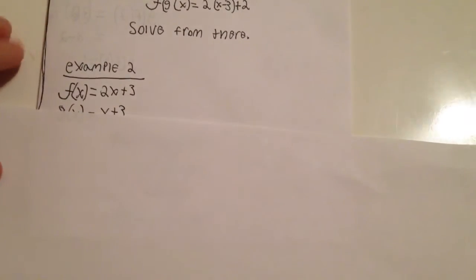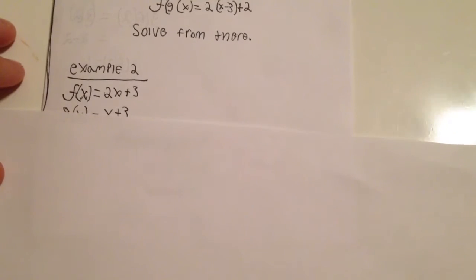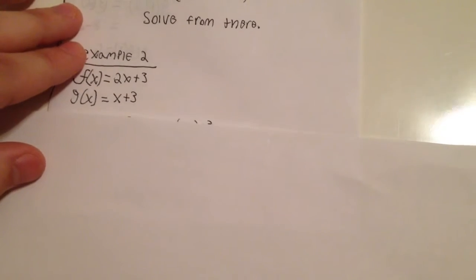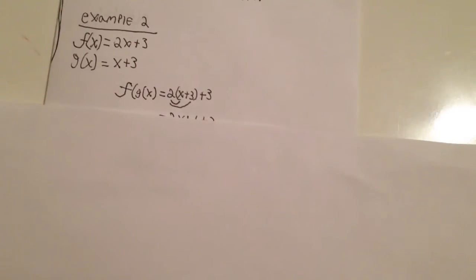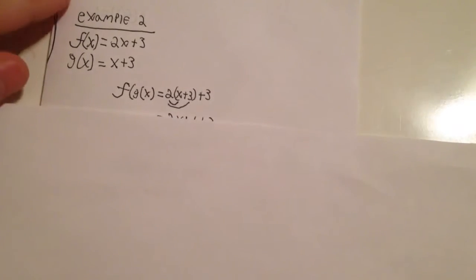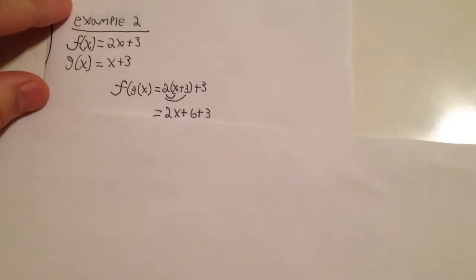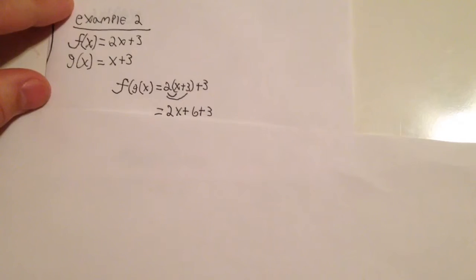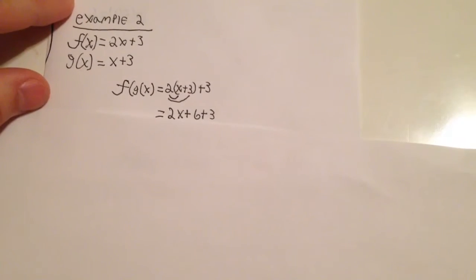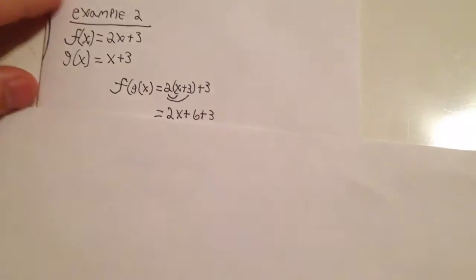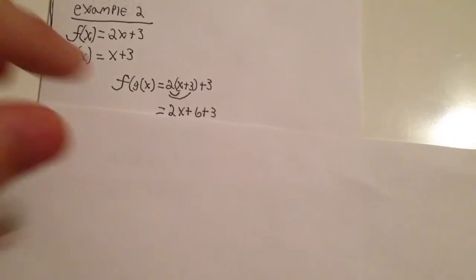F of x equals 2x plus 3 and g of x equals x plus 3. And we're actually going to work this problem out till completion. Right. F of g of x equals 2 times x plus 3 plus 3. And you have them plugged into each other.